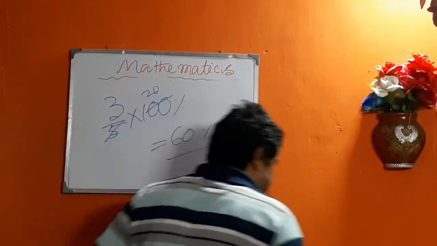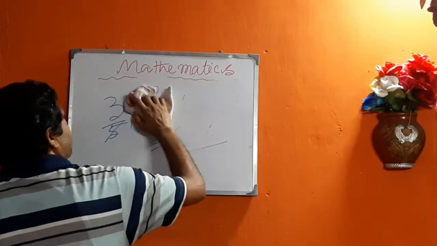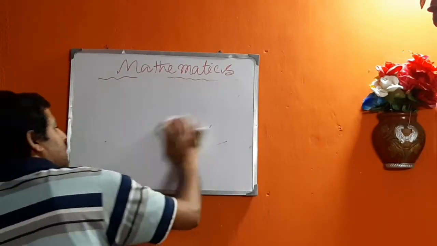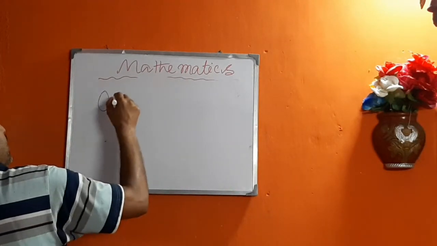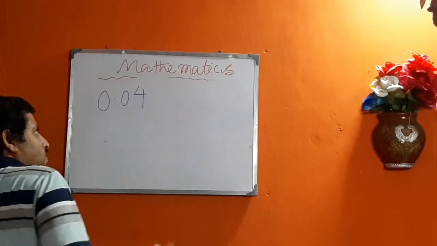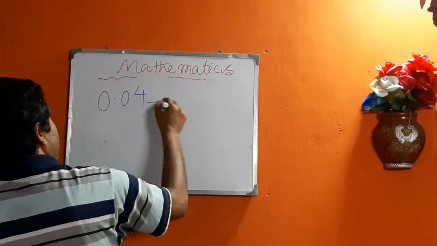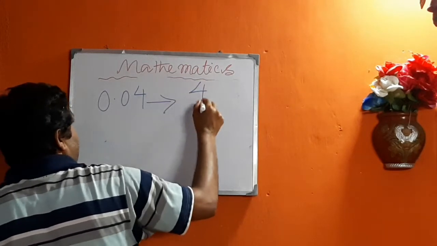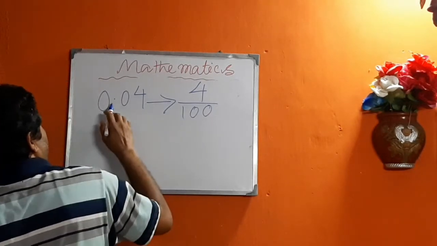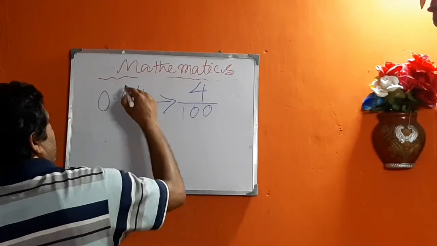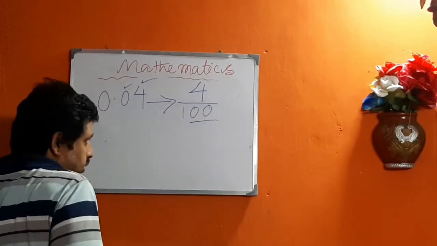A decimal number can also be represented in the percentage form. So what is the method? A decimal number, let it be 0.04. How to represent it in the percentage form? First, convert it into fractional form, that is 4 by 100. After 0, there are two decimal places, so 4 by 100, 2 zeros.